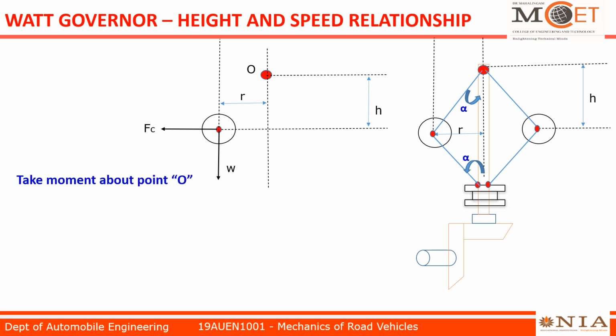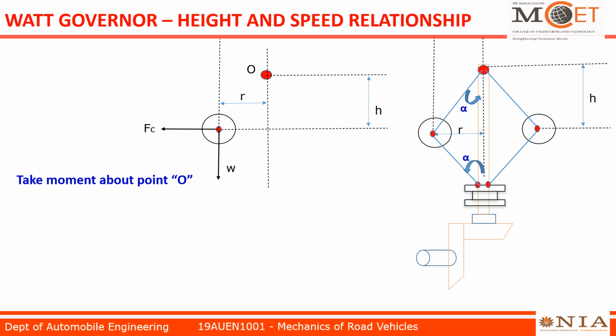Then we have to take moment about point O to analyze the relationship between height and speed of governor. If you take a moment about point O, there we have two forces, that is centrifugal force in the left hand direction and vertical force, that is self weight, in the downward direction.